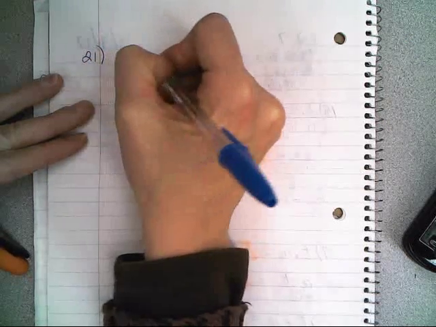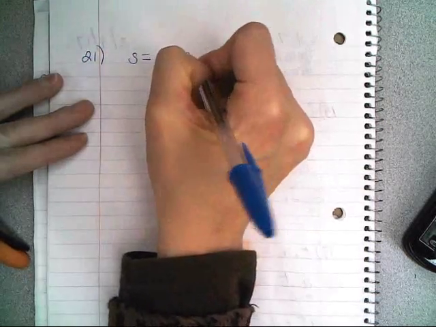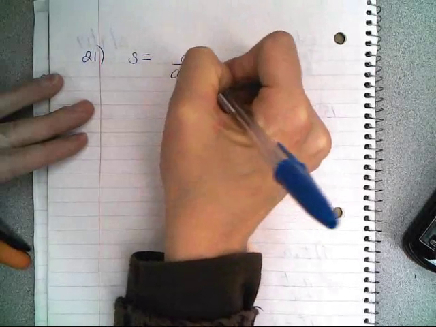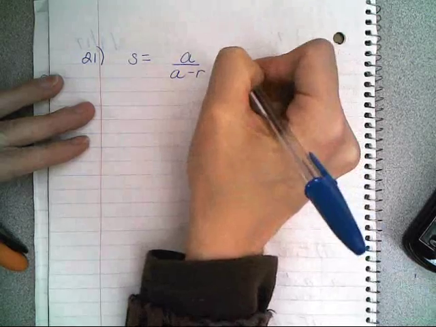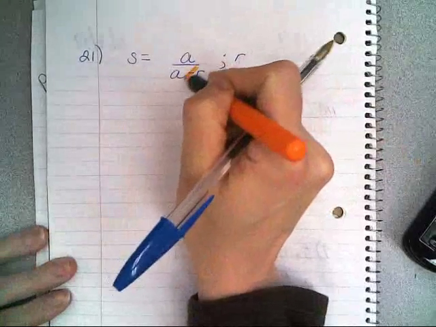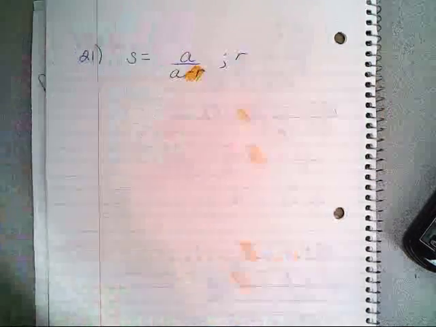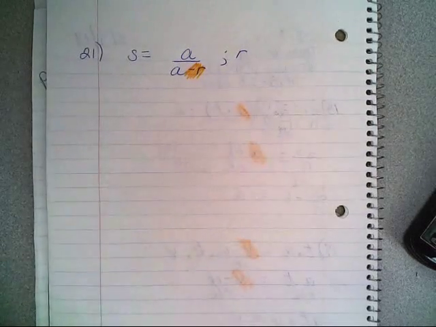S is equal to A over A minus R. And we're solving for R. This one takes a little bit of work, not too bad though.